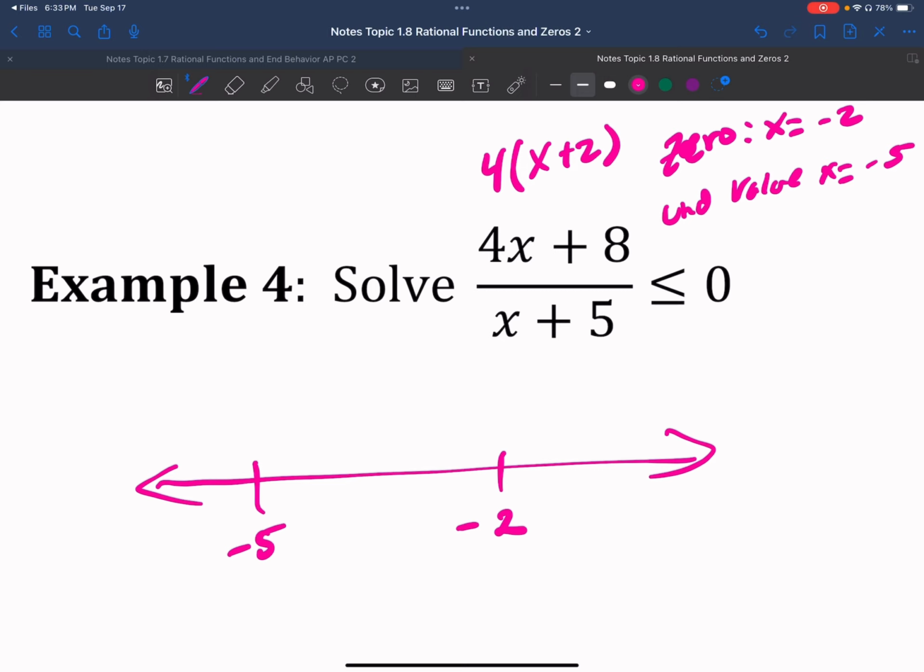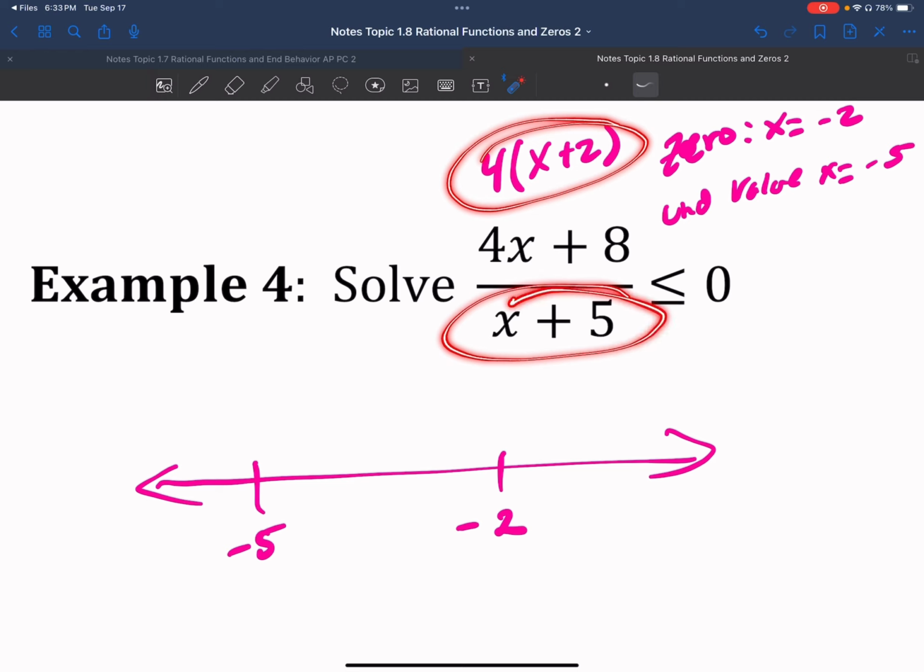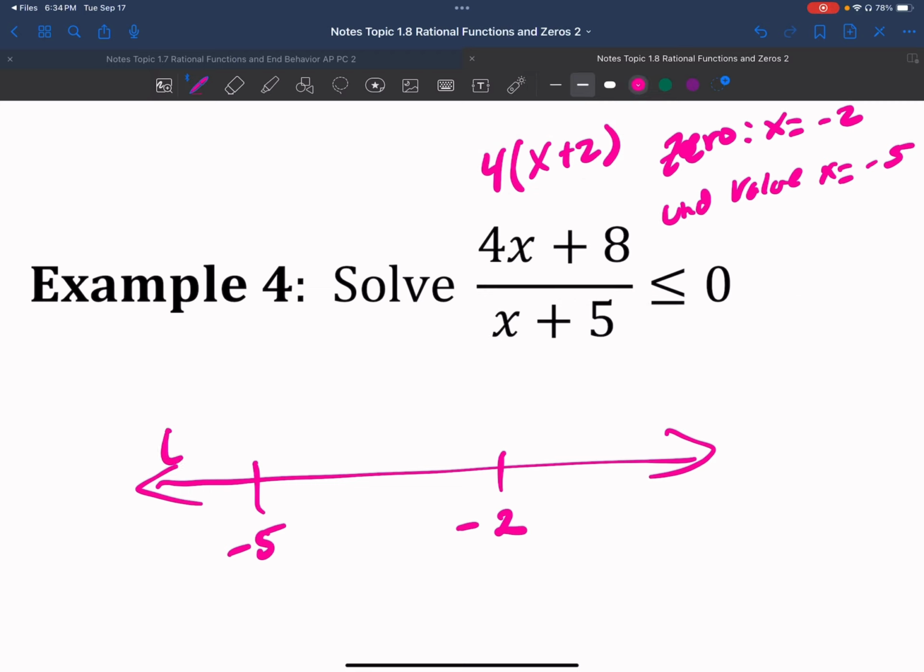I'm going to pick a number less than -5, like -6, and I'm going to plug it in here and here. The 4 will always be positive, and then -6 plus 2 is going to be negative, and -6 plus 5 is also going to be negative. So these negatives cancel out, giving me a positive for my first part of the interval.